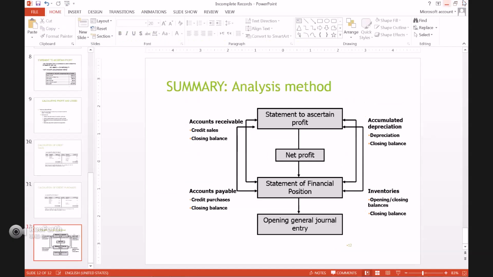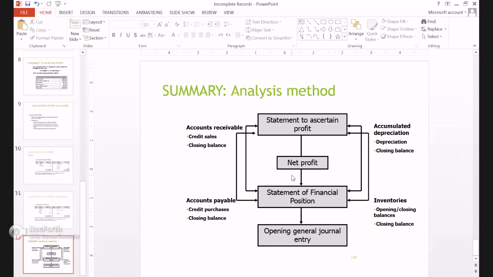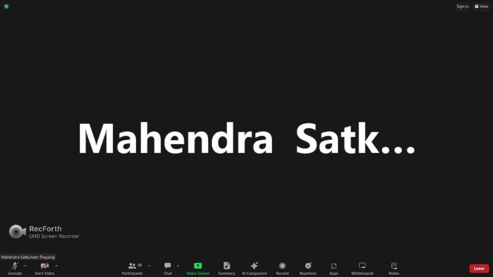I think that is the basic idea. I will upload this handout in the LMS. Yesterday's one was also uploaded. Now we have to move to the questions and answers. So please check your LMS.